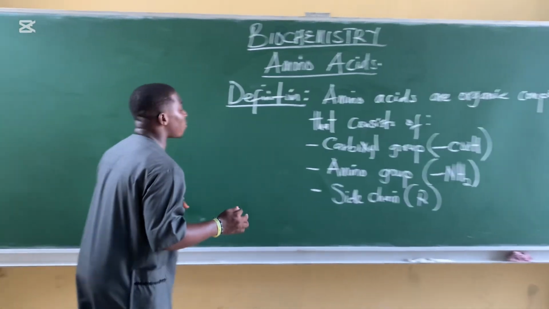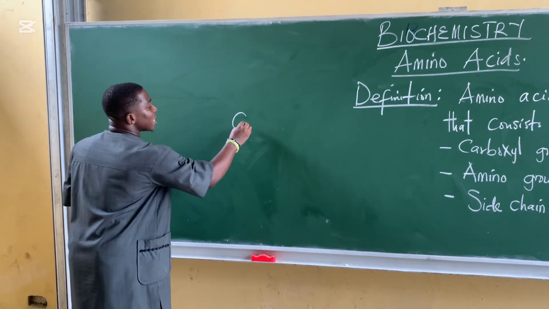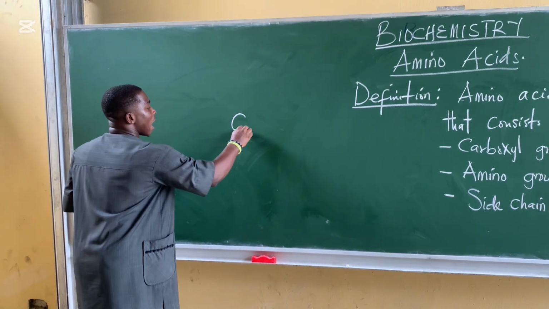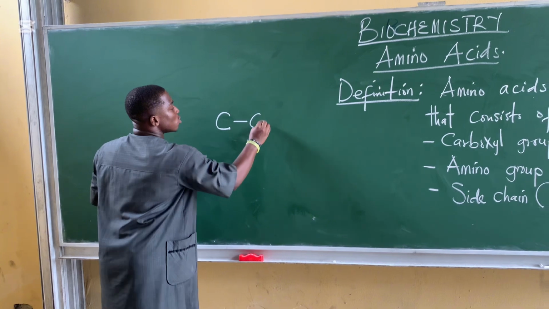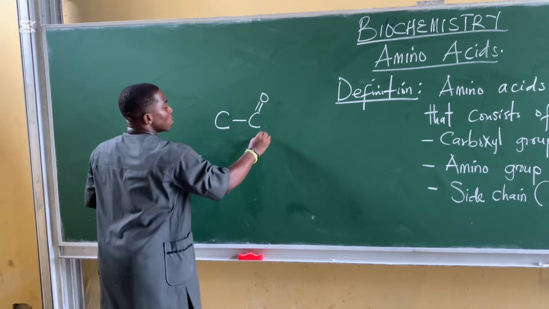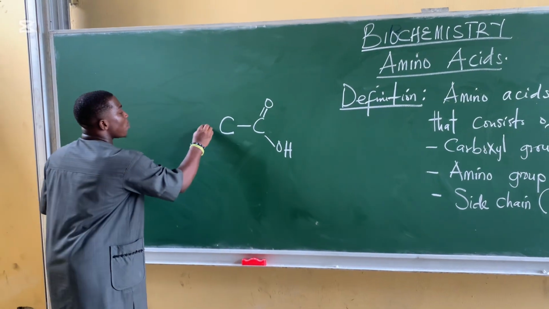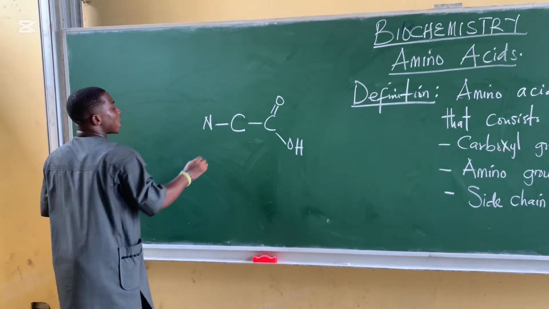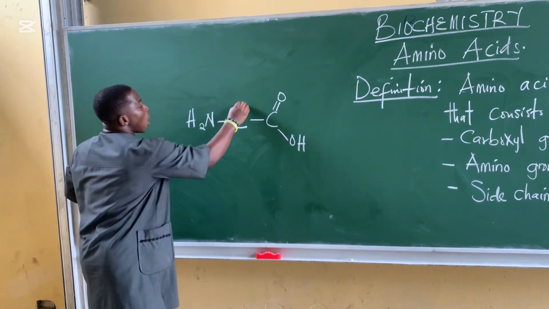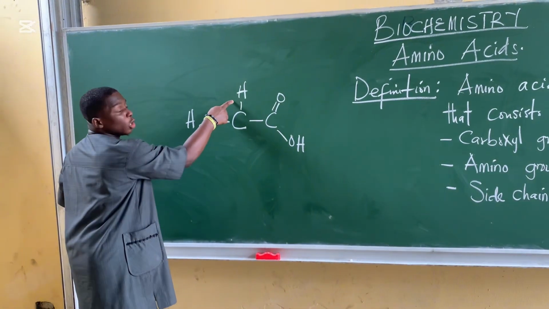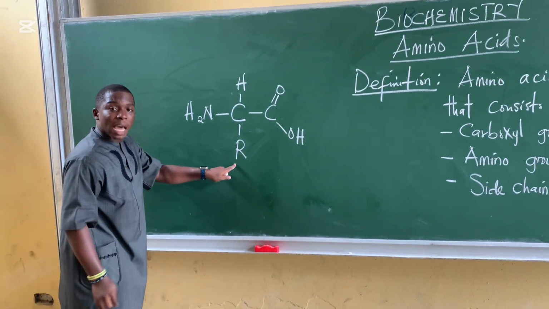It consists of a central carbon atom that is bonded to a carboxyl functional group, COOH. It is bonded also to an amino group, and to a hydrogen atom, and beneath it, it is bonded to a side chain.